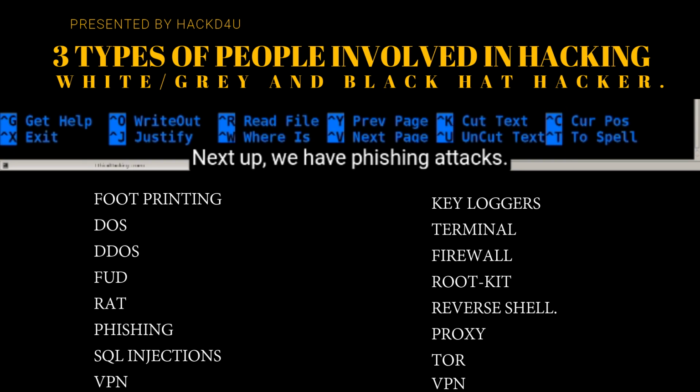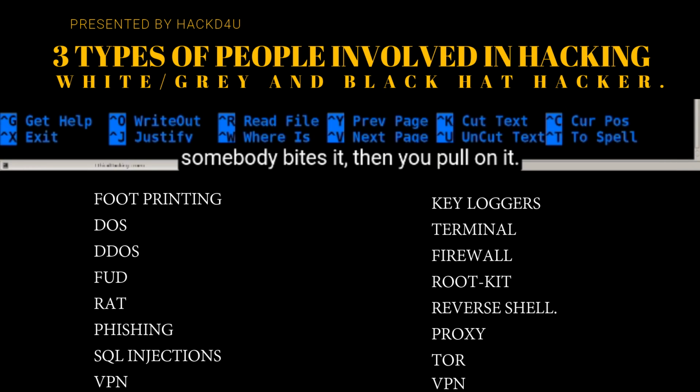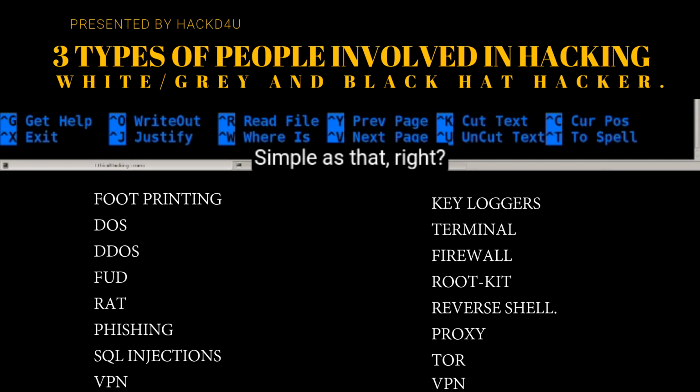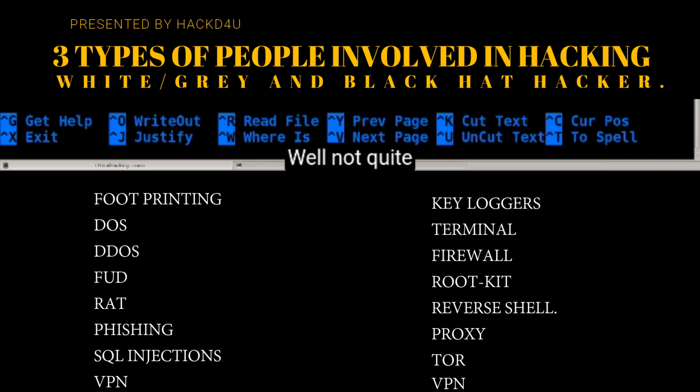Next up, we have phishing attacks. Phishing attacks are basically when you apply some sort of bait, somebody bites it, and then you pull on it. Simple as that, right? The same way you do fishing. Well, not quite.